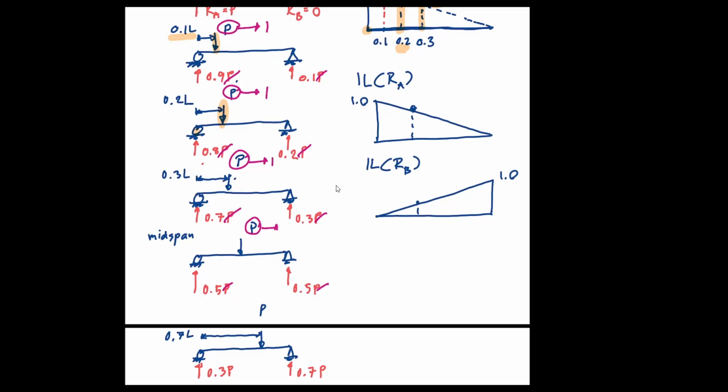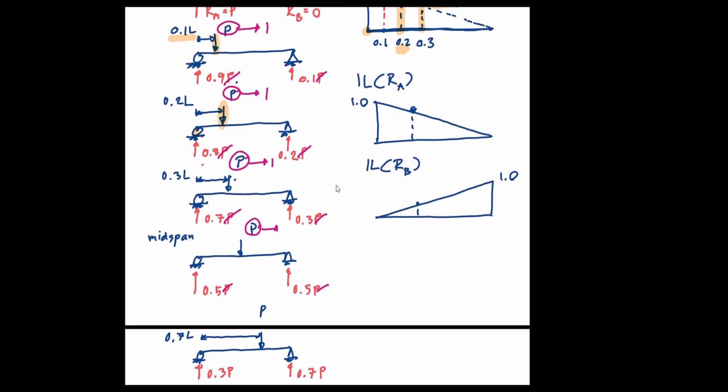Okay, so let me recap again. This is the influence line of the reaction at A, which means that this is the graph that shows how much RA changes when the load moves from the near end of the structure to the far end. And this is the reaction RB. How much RB changes when the load moves from the left side to the right side.